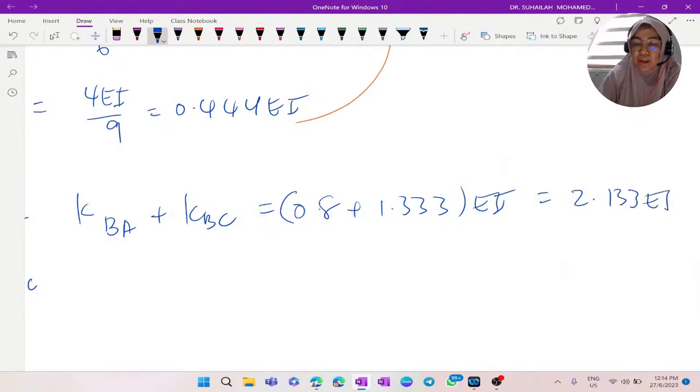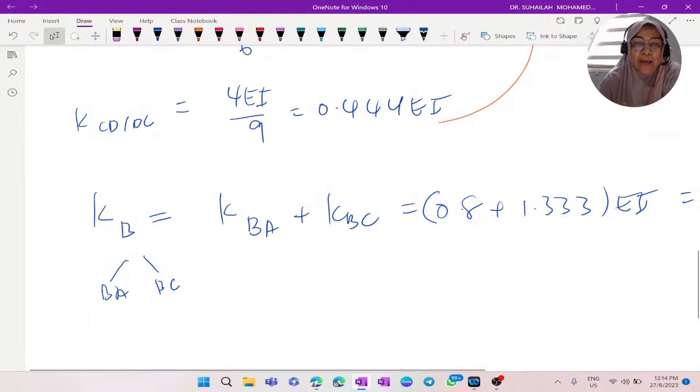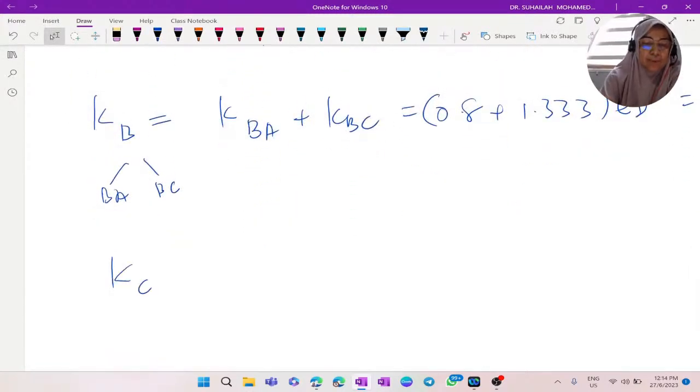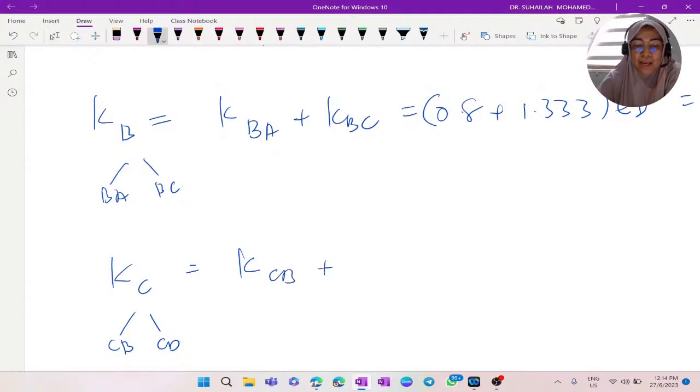Next is K at joint C. K at joint C means CB and CD. So KC is KCB plus KCD.